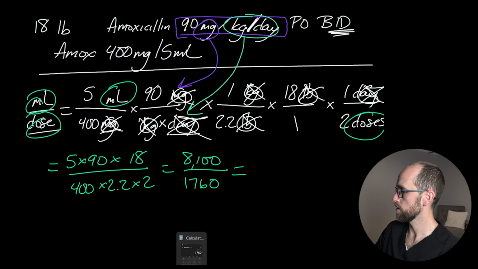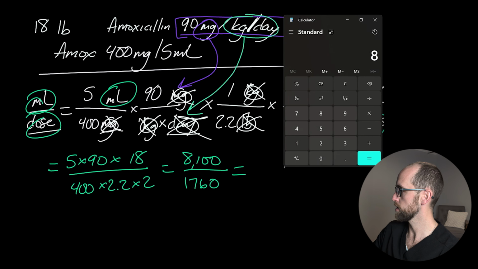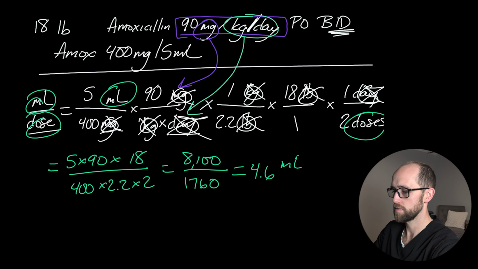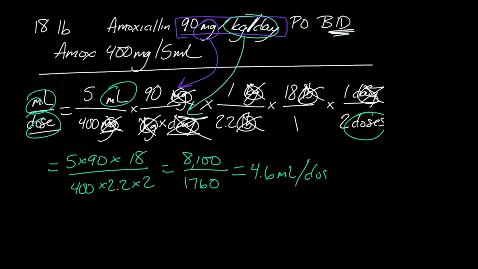And then let's do our dividing. 8,100 divided by 1760 is 4.6 mLs per dose. And I believe it got rounded to 4.5.